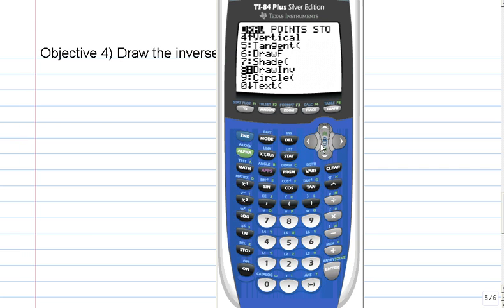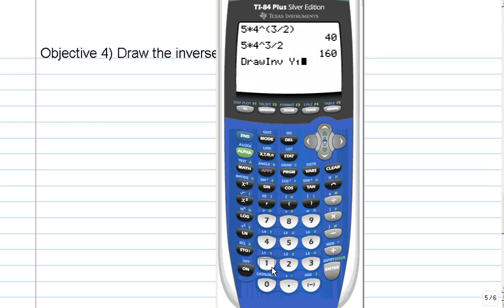There it is, number 8. Press enter. And now what I want to do is draw the inverse of y1. So I'm going to go to my vars key and go to Y-VARS and Function and select y1 and press enter. And there it drew for me the graph of the inverse.